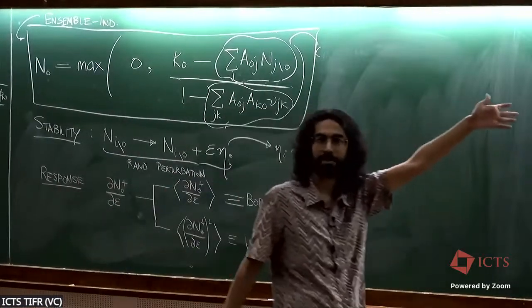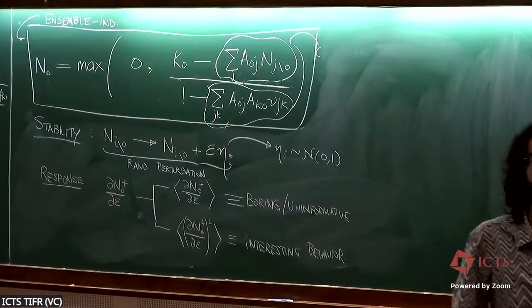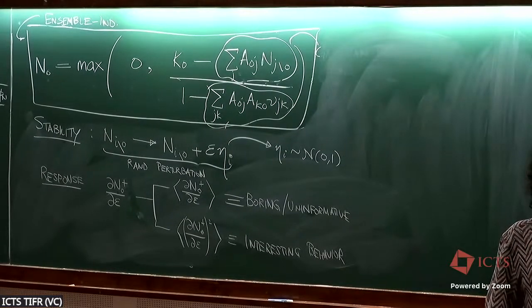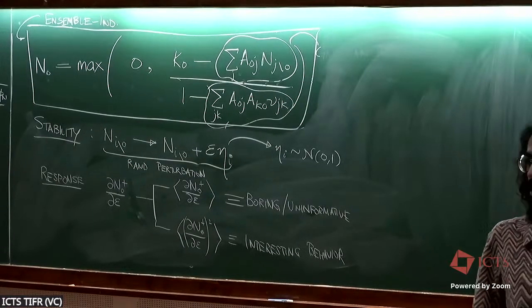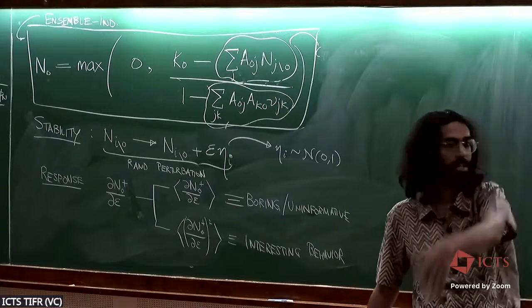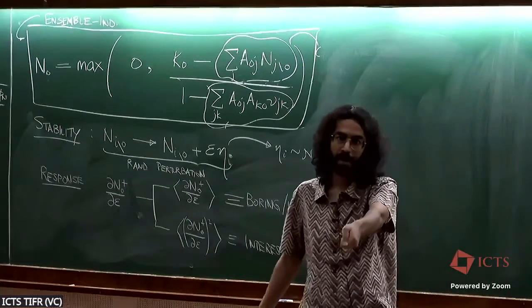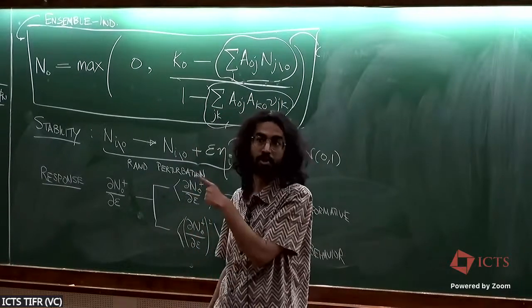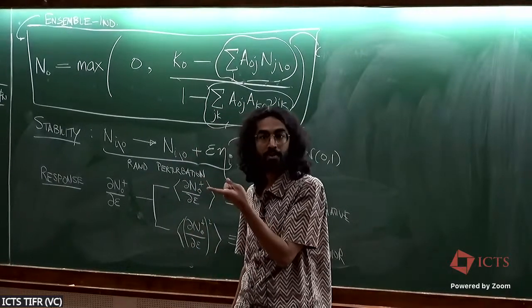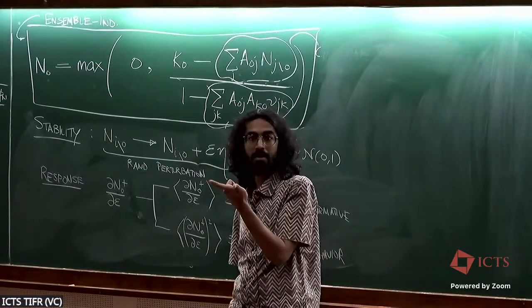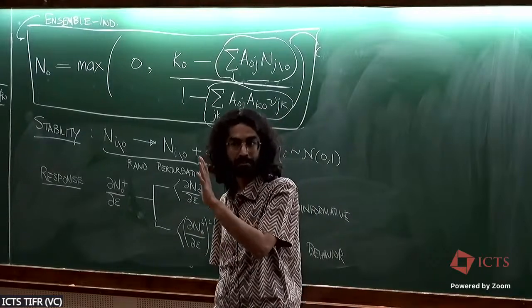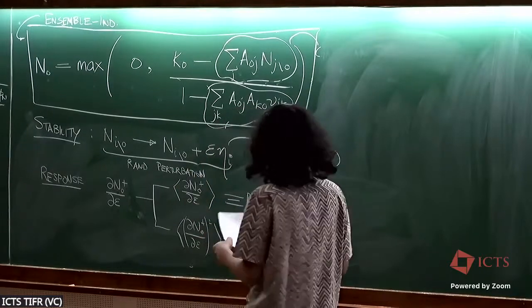Why am I not imagining perturbing all of the other extinct species? Because I demanded an uninvasible fixed point, right? This is something we were talking about in the tutorial also yesterday. All the extinct species can anyway, if you put a little bit of them, cannot invade. We ensured that. And in fact, this max function already assures us of that. So any instability that could occur can only occur because some of the surviving species can do crazy things once you perturb them away from the fixed point.